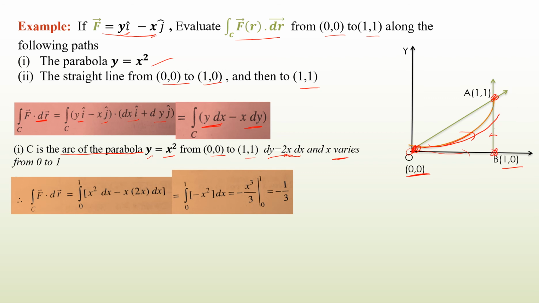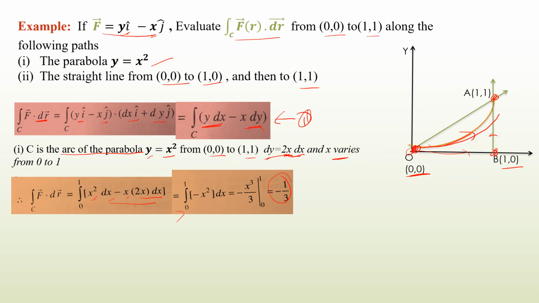This is equation number 1. So we substitute here dy equal to 2x dx, and we get x square dx plus x times 2x dx, and on taking the integration and applying the limit, we get 1 by 3.